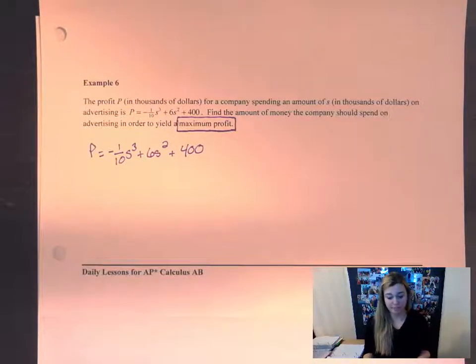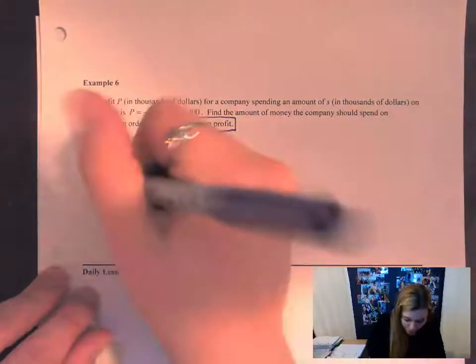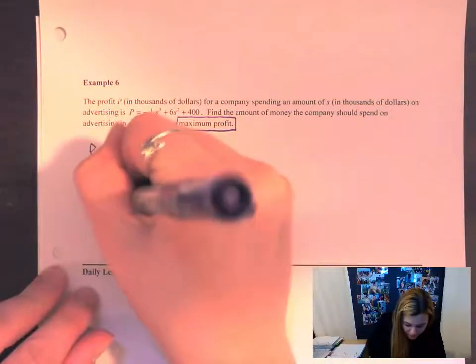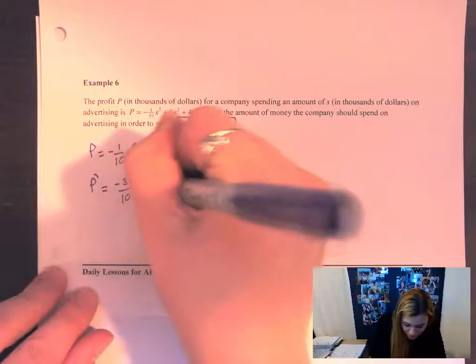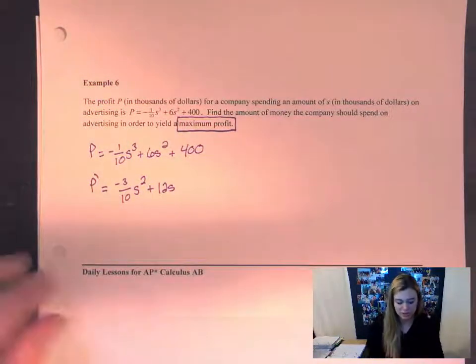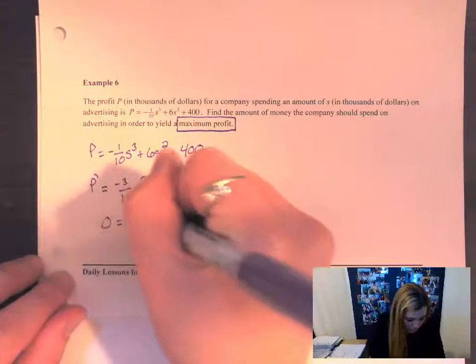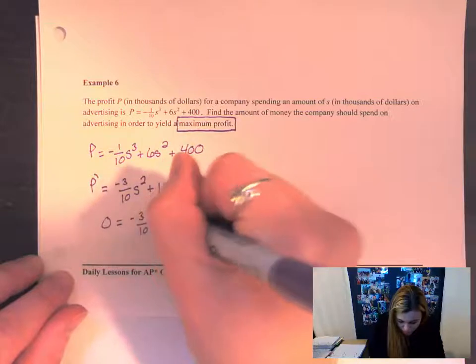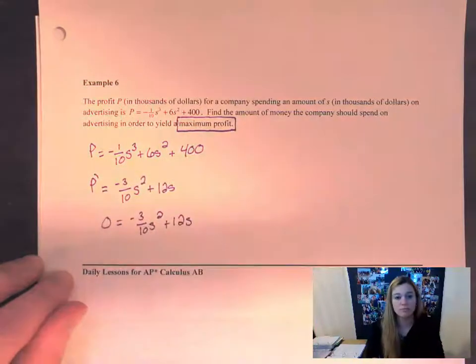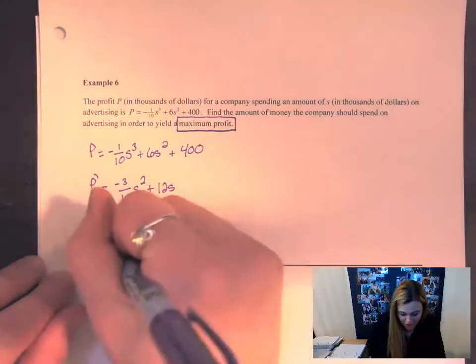So if I take the derivative, P prime, I would get negative 3/10 s squared plus 12s plus 0. So the derivative of 400 is just 0. And then I set this equal to 0. This is where I have an s squared here and an s here. I can factor out an s.